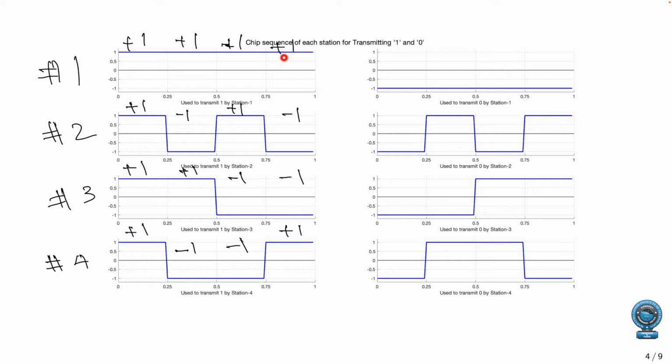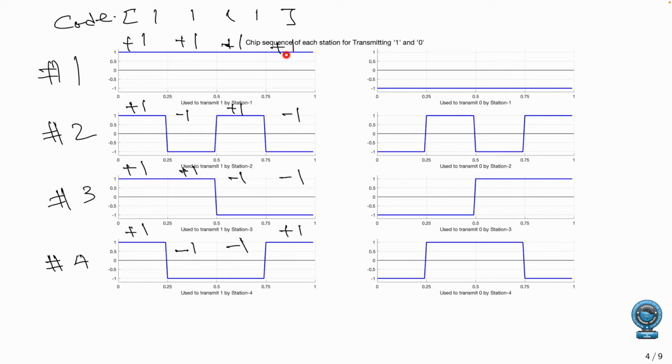So you can see that CDMA, what it has done is, for each of the stations, it has given a different waveform, or rather, they are also called codes actually. So if you represent it in a vector form as 1, 1, 1, 1, this is called a code. If you represent the same thing like this, it is called sequences or chip sequences.